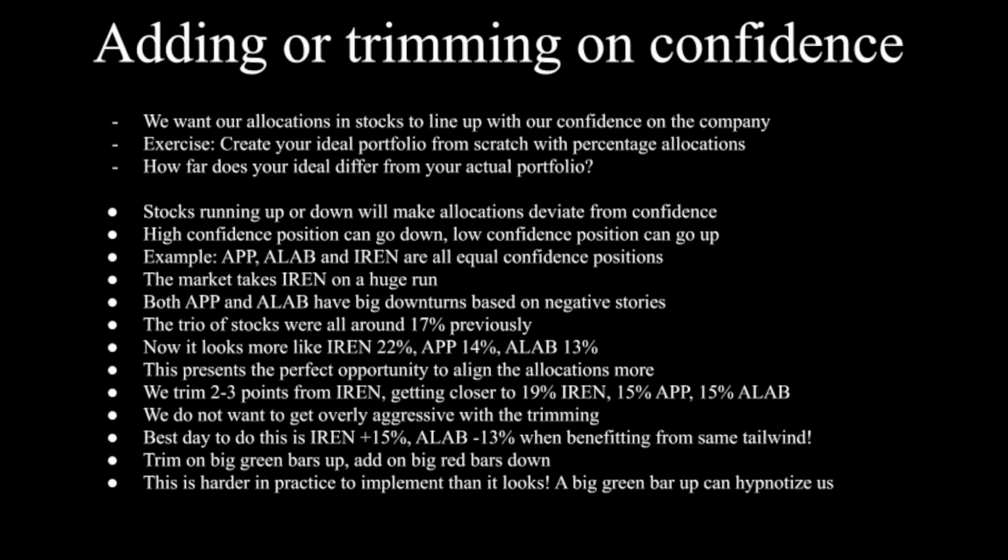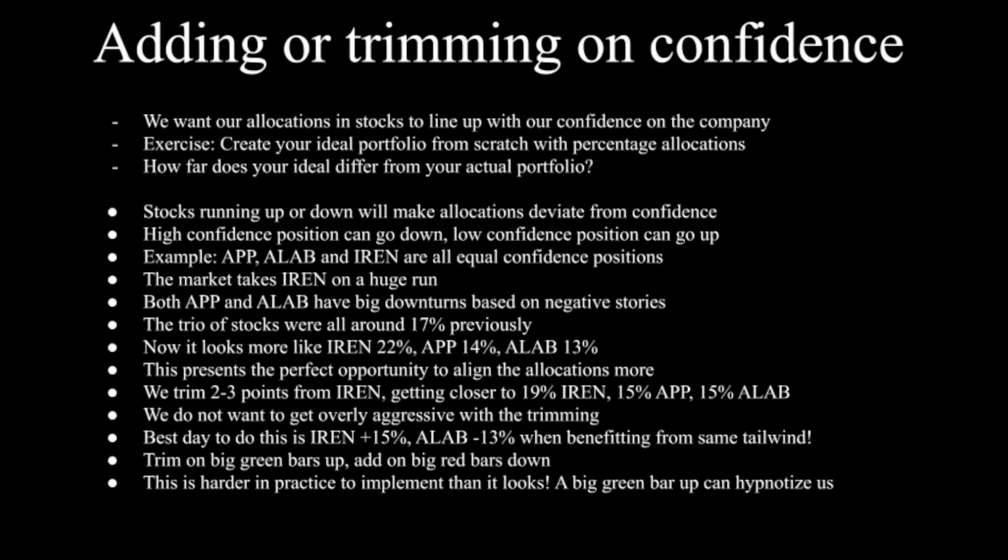And this presents the perfect opportunity to align the allocations more with our actual confidence. What we did was we trimmed about 2 to 3 points from Iron, and that gets us closer to 19% in Iron, 15% in AppLovin, and 15% in Astera Labs, which is closer to our ideal allocations.